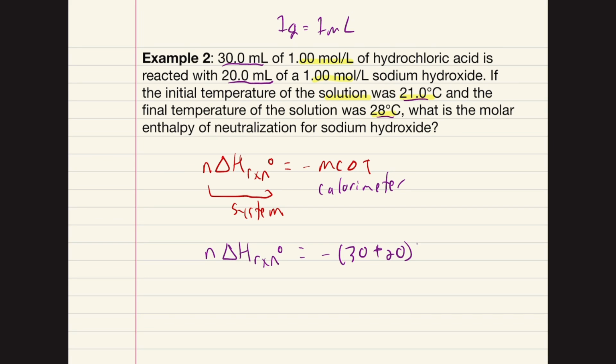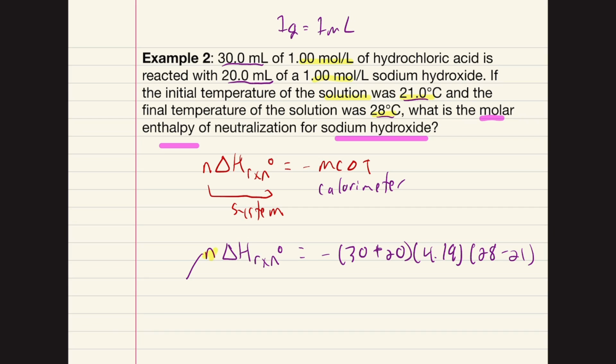So writing that in here, and we're going to put 4.19, and then the temperature change is 28 minus 21.